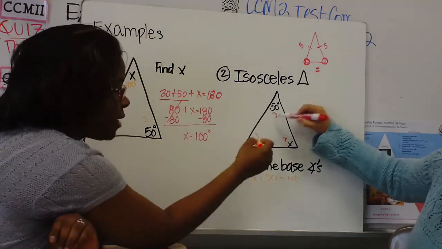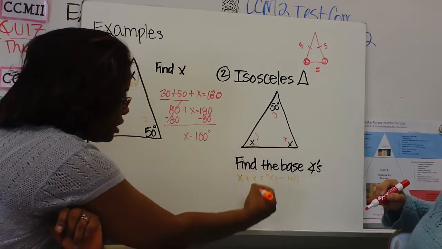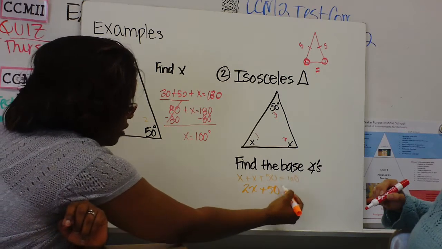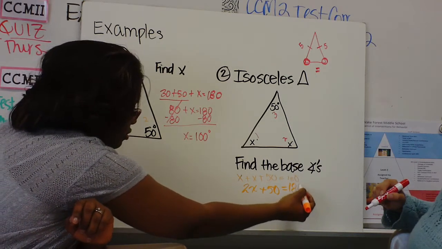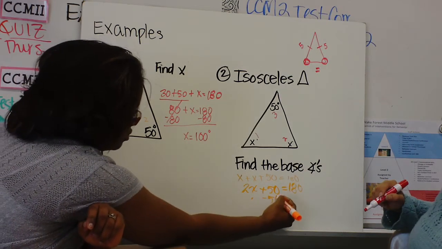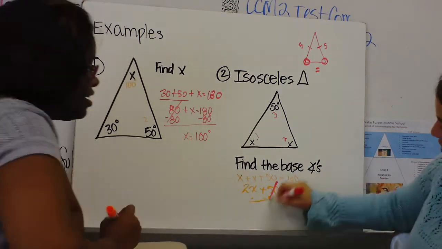And I've already made them the same exact thing, x. So we're just going to add them together. So x plus x is 2x plus 50 equals 180. We're going to subtract 50 from both sides. Okay.